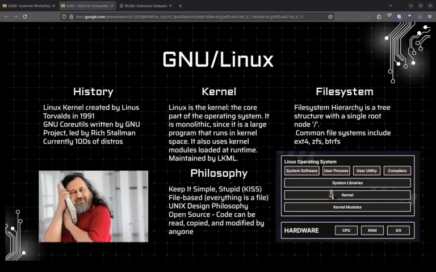Some philosophy about Linux. Linux follows the Unix design philosophy, which, to put it simply, is keep it simple, stupid. Instead of writing complicated programs, you want to write simple programs which do one thing and do it very well. You have one function, for example, to allocate memory. And if you have lots of things you need to do, you would separate your different concerns into different parts. Keep everything short and simple.